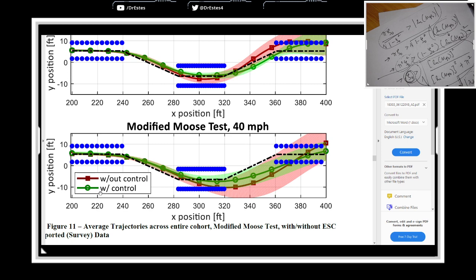So the people in green, they used some kind of stability control. Was that from 454? Yes. We had the students do a moose test, and we took all their data. And then when they didn't use the stabilizing control, there was just way more variety in what people did. So if you can use the fill command for showing statistical stuff, it's pretty. So it's a good one to have in your toolbox.